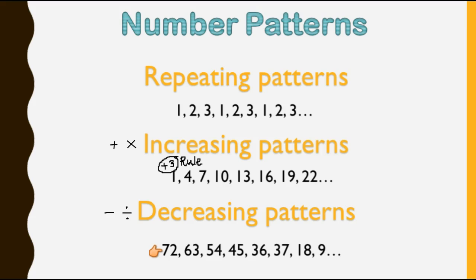We start with 72 and we get to 63. Well, that's a difference of 9. And then from 63 to 54, that's a difference of 9. So actually I could either say I'm subtracting 9 or I'm dividing by 9.